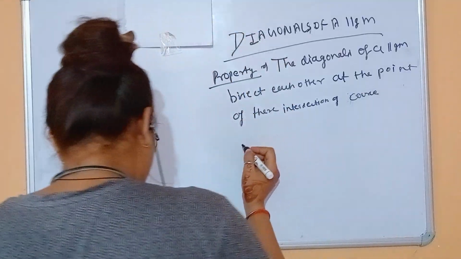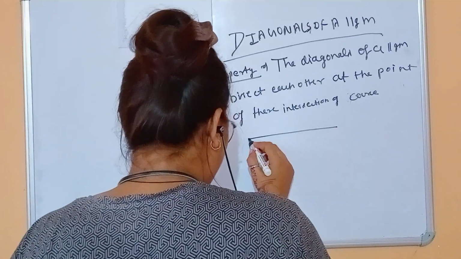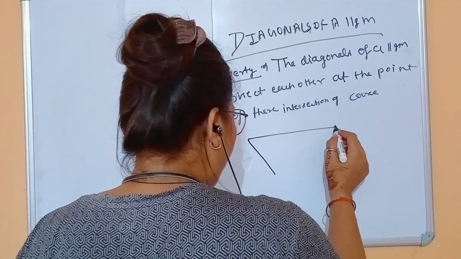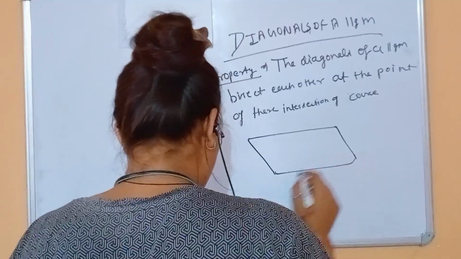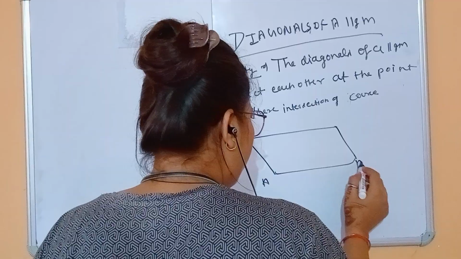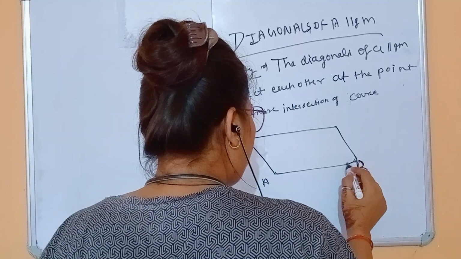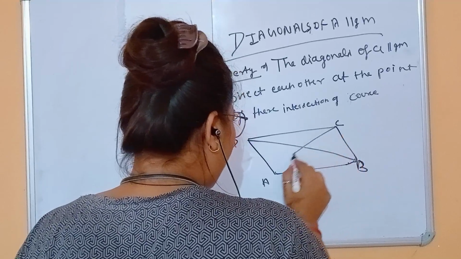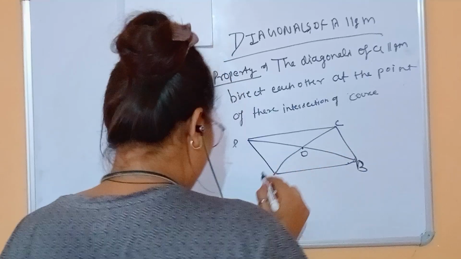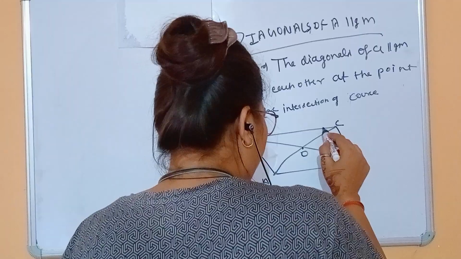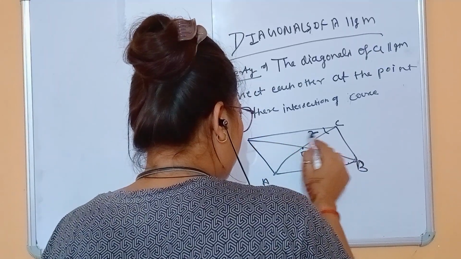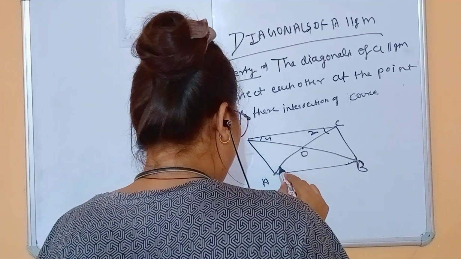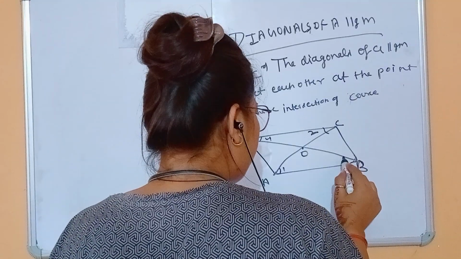So here draw one figure of a parallelogram. So here A, B, C and D. Draw the diagonals, which bisect at one point, that is O. So here write angles 2, 4, 1 and 3.